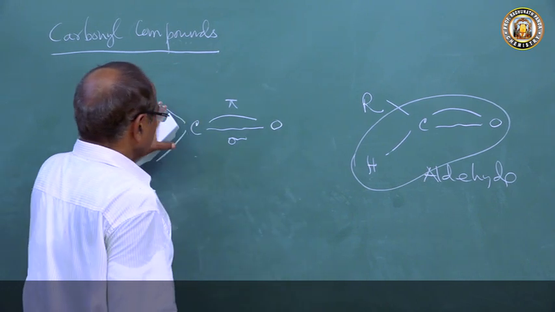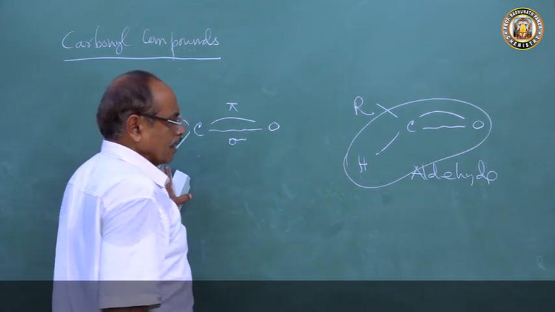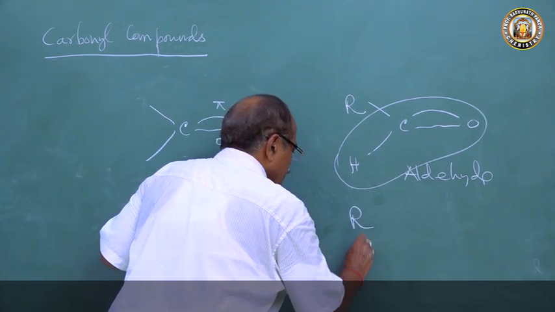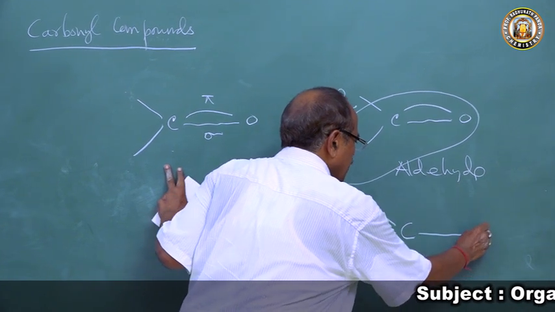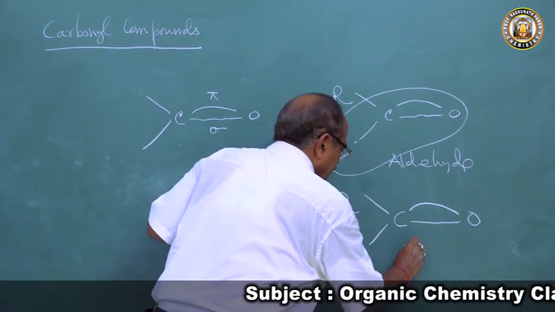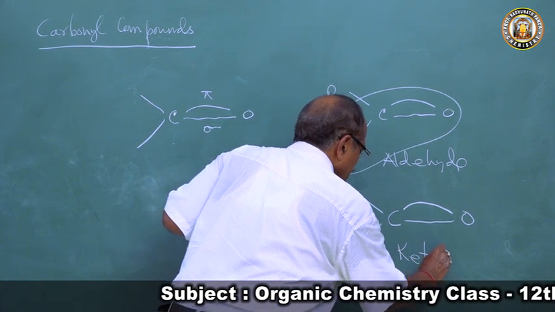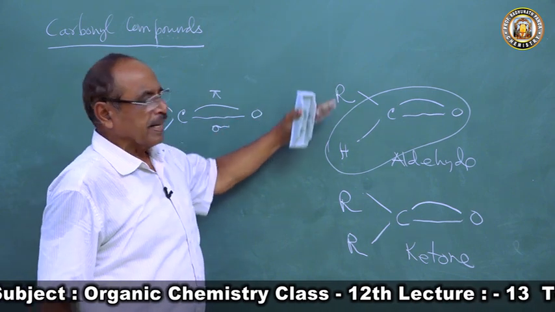And when the two bonds of the carbon are satisfied by two alkyl groups, we get the compound R-CO-R, and this is called a ketone. So carbonyl compounds are of two types, aldehyde and ketone.